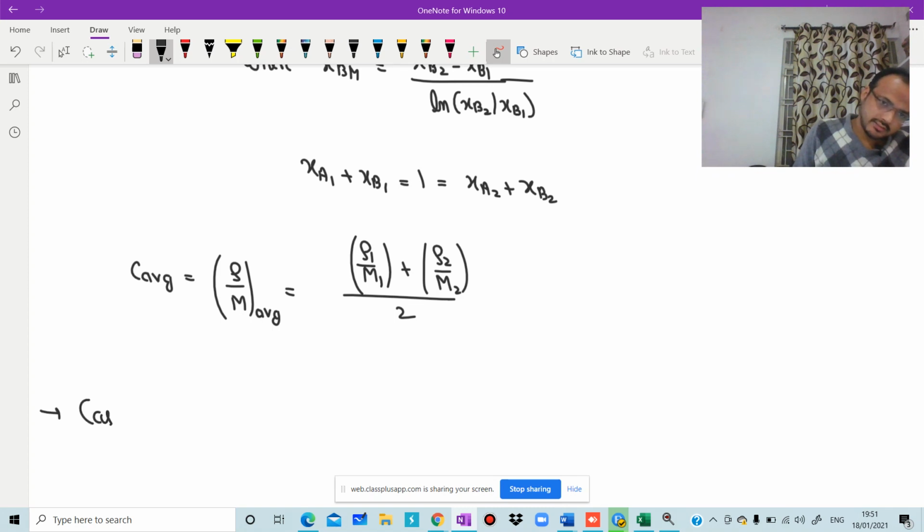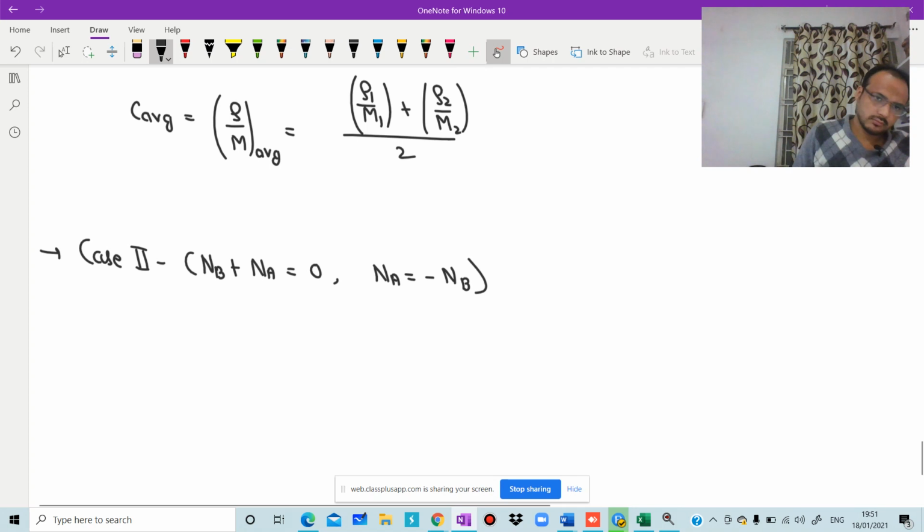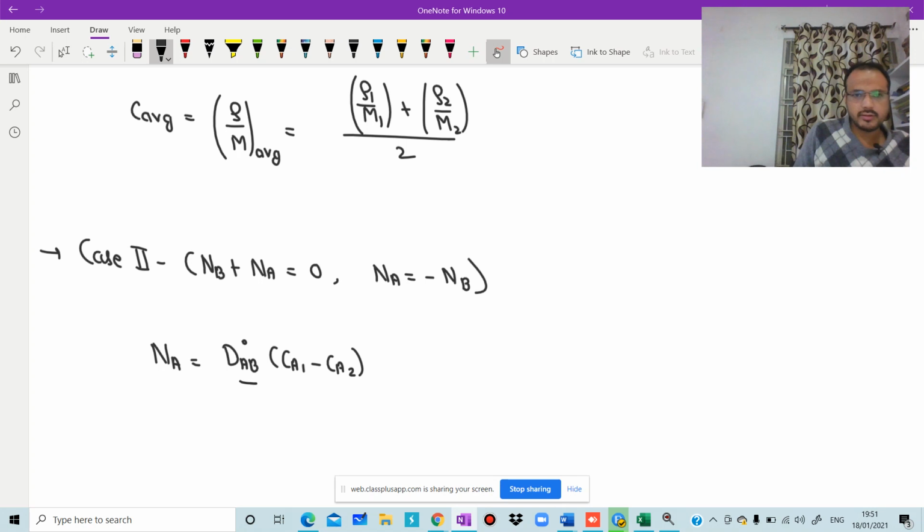And case second: NB plus NA is equal to 0, or NA is equal to minus NB. NA is equal to D_AB (CA1 minus CA2) divided by (Z2 minus Z1).